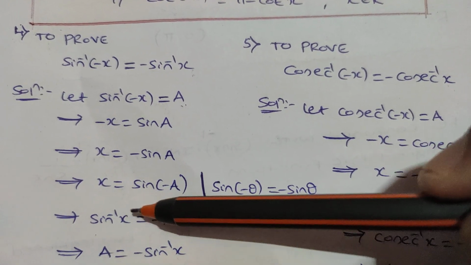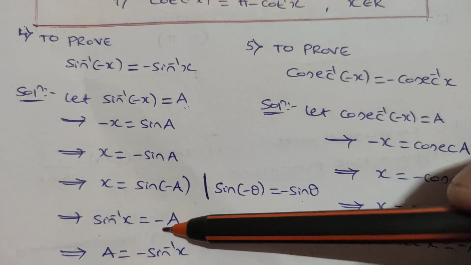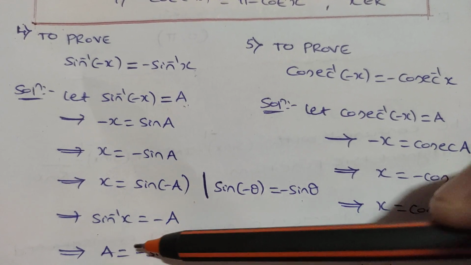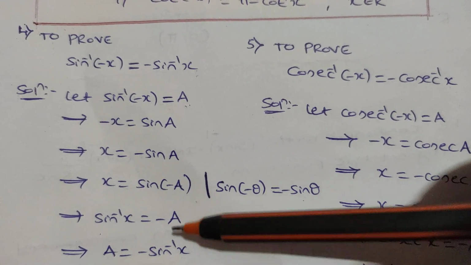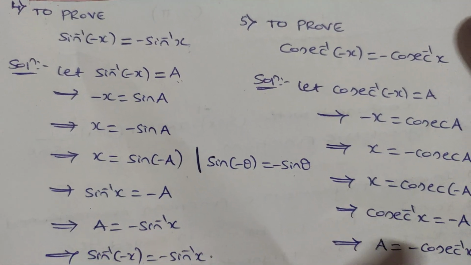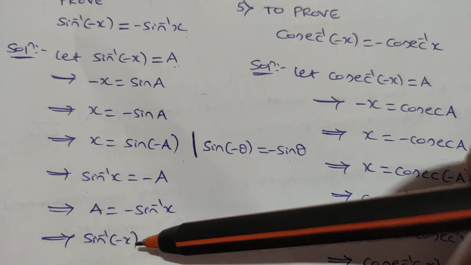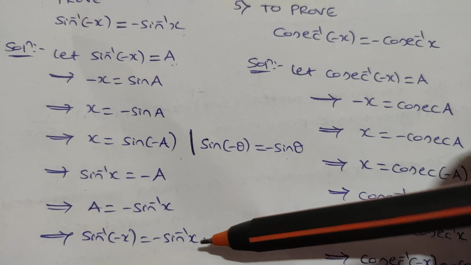Therefore, sin inverse of x is equal to minus A. Again multiplying by the negative sign on both sides, A is equal to minus sin inverse of x. But what is the value of A? We assumed sin inverse of minus x. Therefore, sin inverse of minus x is equal to minus sin inverse of x.